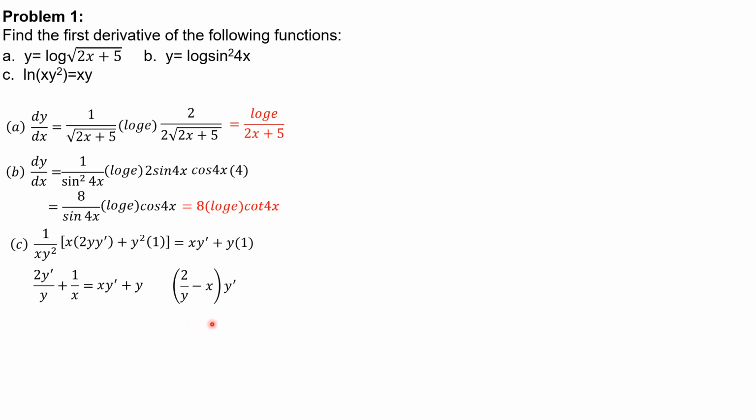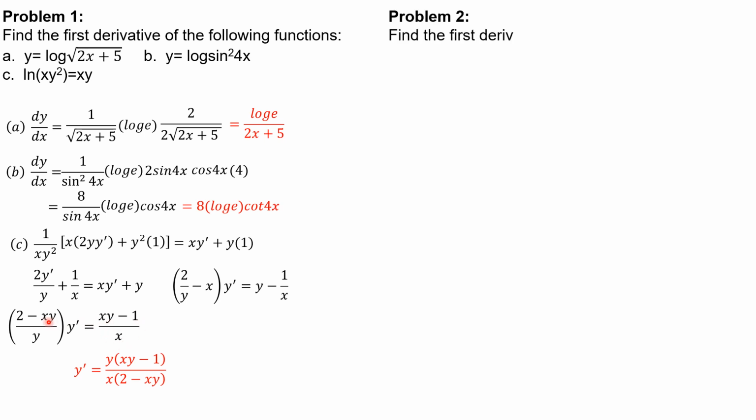So 2 over y minus x quantity times y prime equals y times y minus 1 over x. Simplifying, this is 2 minus xy over y times y prime equals xy minus 1 all over x. So y prime therefore is y quantity xy minus 1 all over x times quantity 2 minus xy.